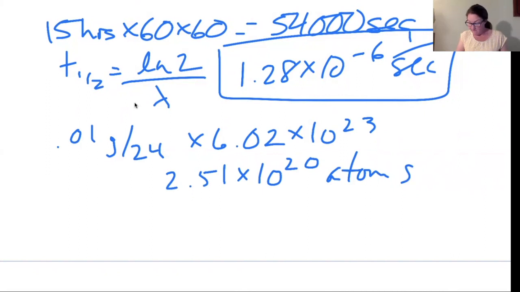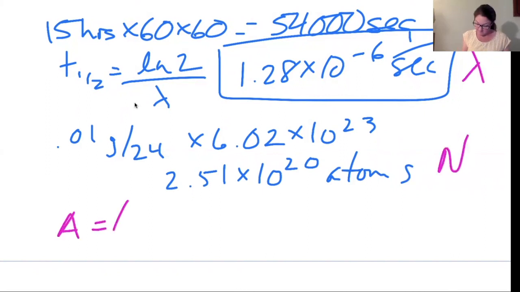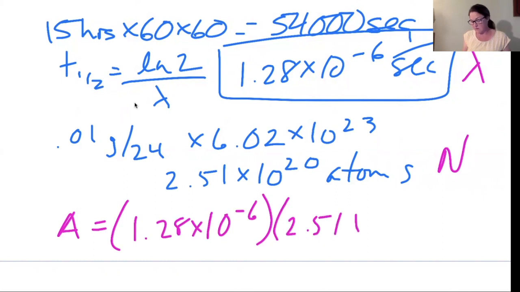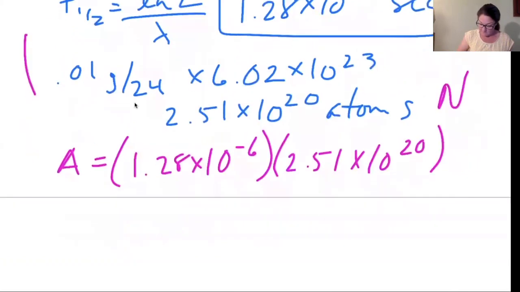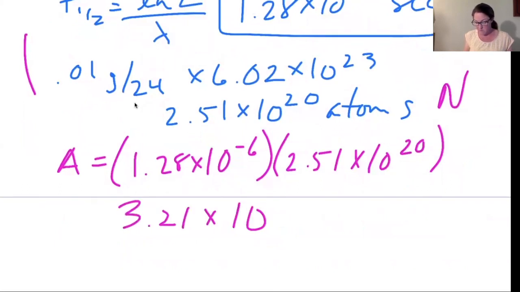Now I have lambda and I have N, so I can get the activity by multiplying these two numbers together. And we get 3.21 times 10 to the 15th counts per second.